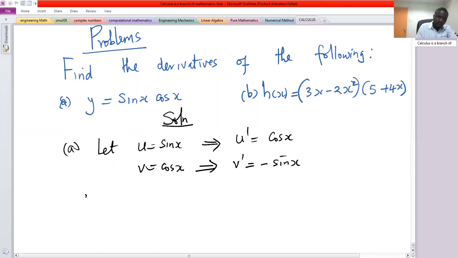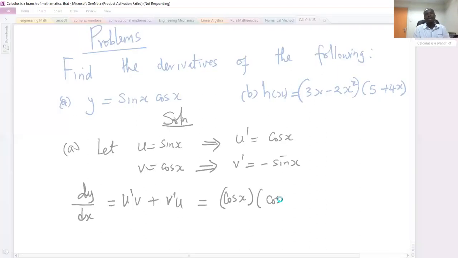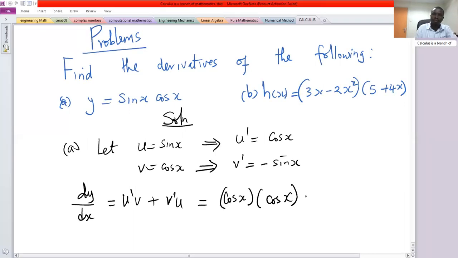So dy dx is given by u prime v plus v prime u, which will be u prime is cosine of x times v is cos of x, and then plus v prime is negative sine x, and then u is sine of x.